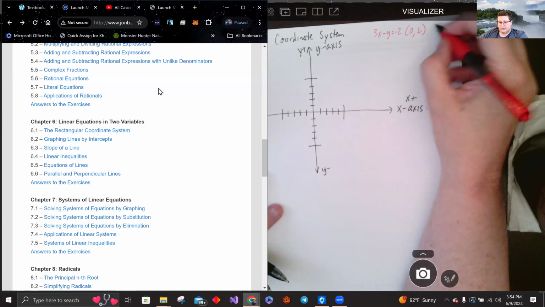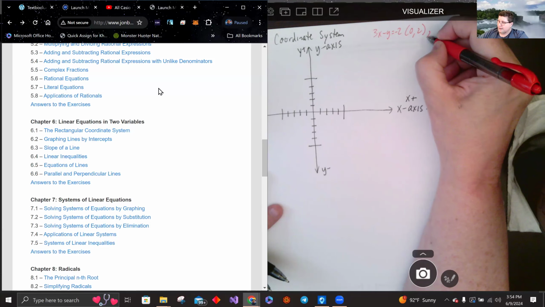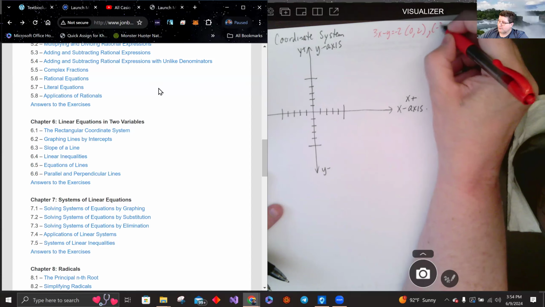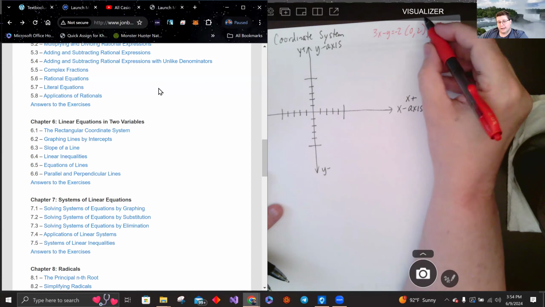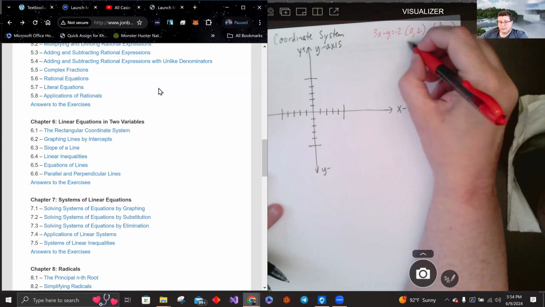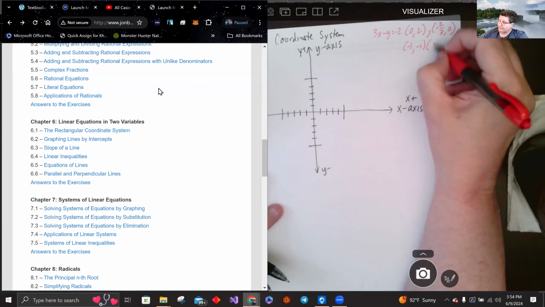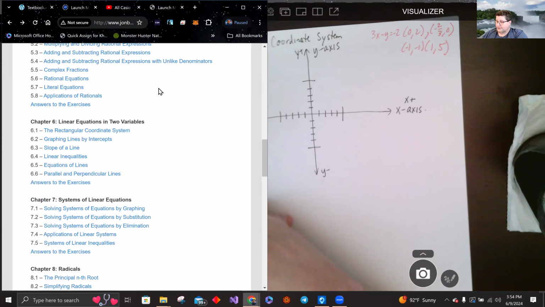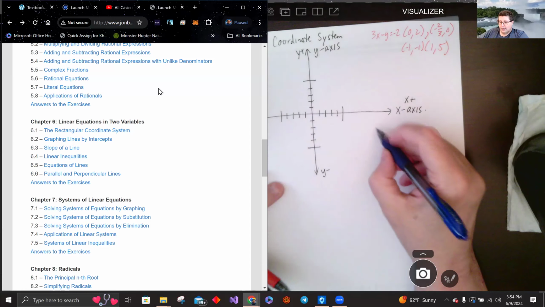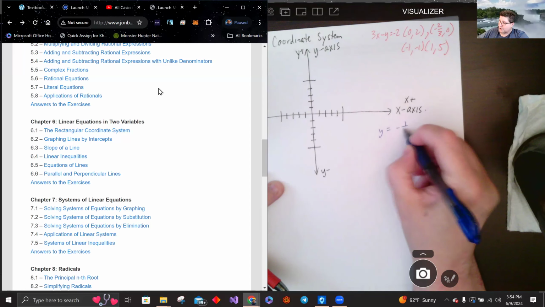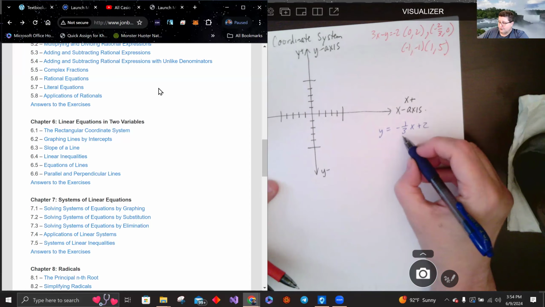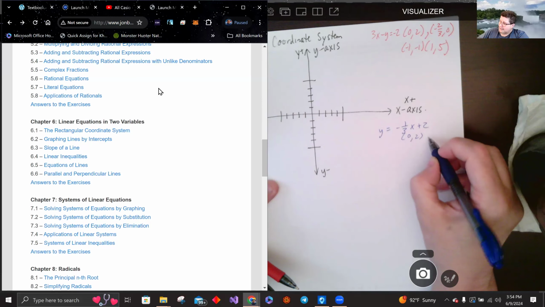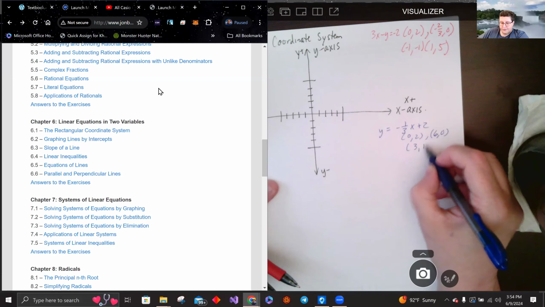And we had the points (0, 2), (-2/3, 0), (-1, -1), and (1, 5). And for the equation y equals negative 1/3 x plus 2, we had (0, 2), (6, 0), (3, 1), and (-3, 3).